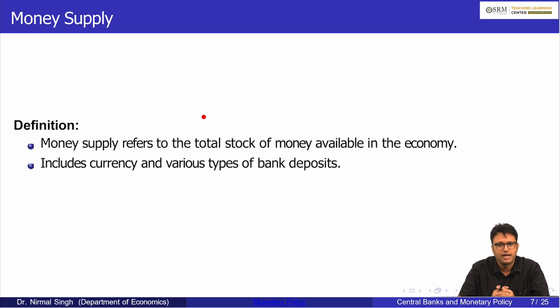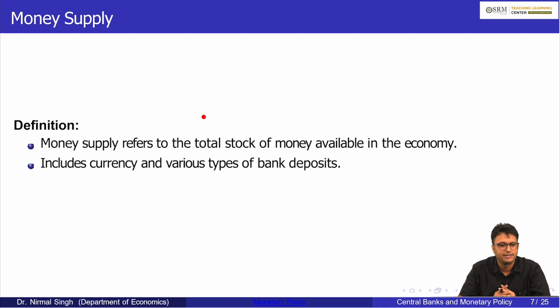Let's discuss how we can know what the money supply in the economy is right now. That is a very important question: how much money is floating in the economy? We want an idea about that because later we will be discussing the quantity theory of money, which states that the volume of money, or how much money is there in the economy, has a direct influence over inflation or prices in the economy.